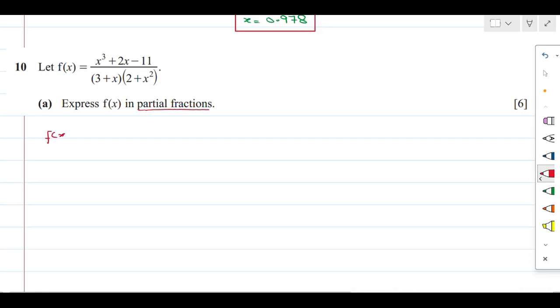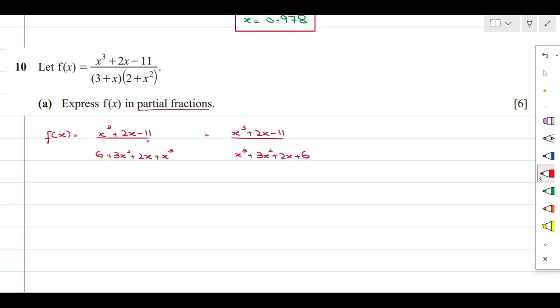So let me check whether this fraction is proper or improper. We need to expand the denominator. The numerator is x cube plus 2x minus 11. Expanding, 3 times 2 is 6, 3 times x square is 3x square, x times 2 is 2x, x times x square is x cube. Now we have x cube plus 2x minus 11 over x cube plus 3x square plus 2x plus 6.